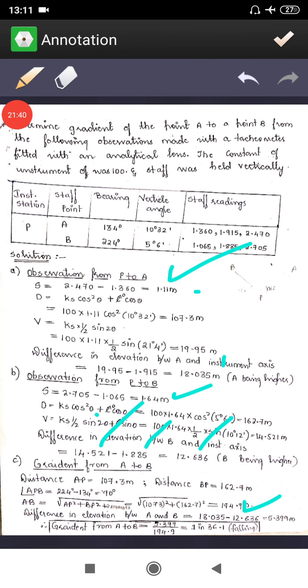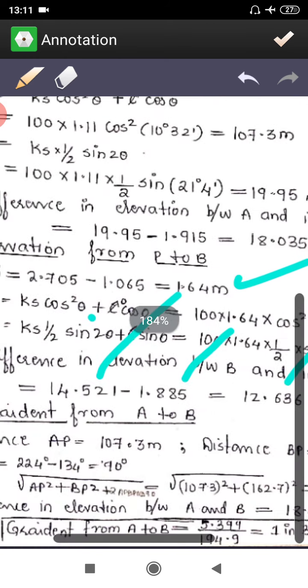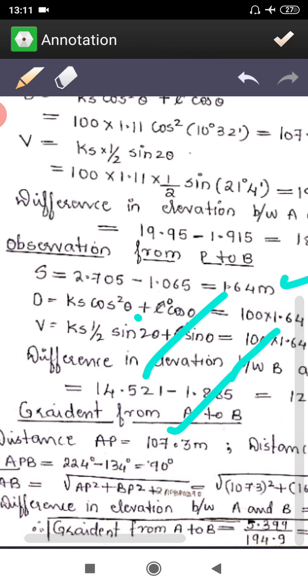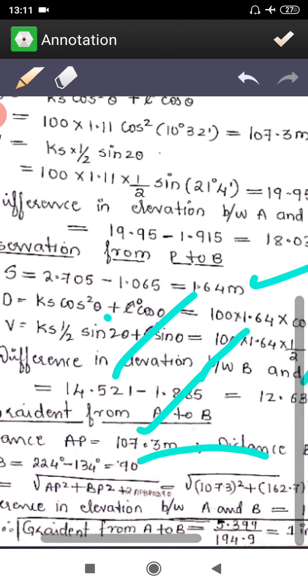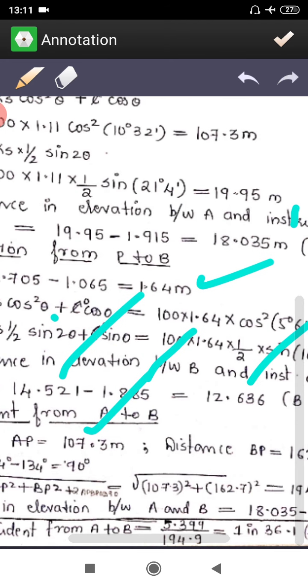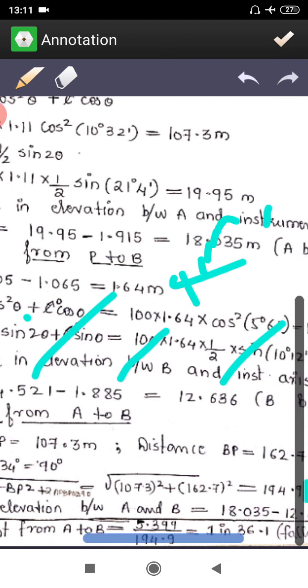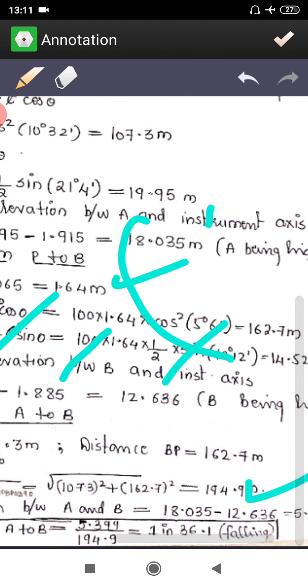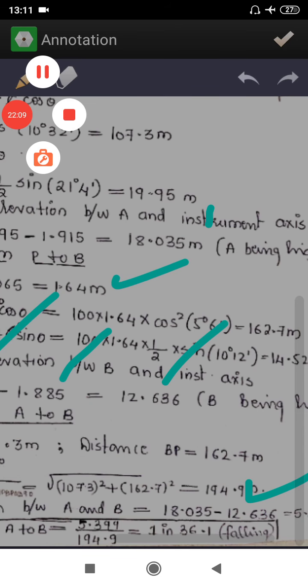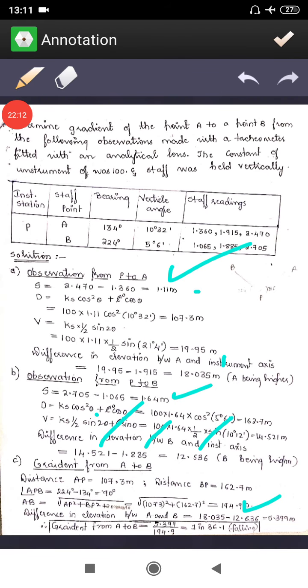Now you can have the gradient, the distance AP is known, that is going to be 107.3, distance BP is, here it is, try to zoom in, okay, it is not getting zoom, right, so here it is 162.7.